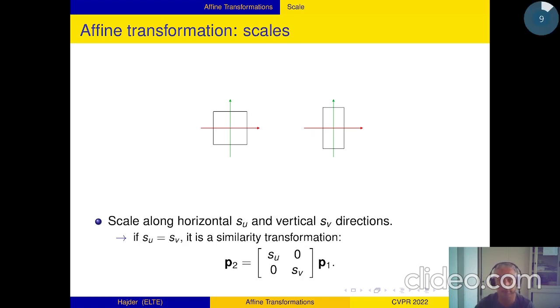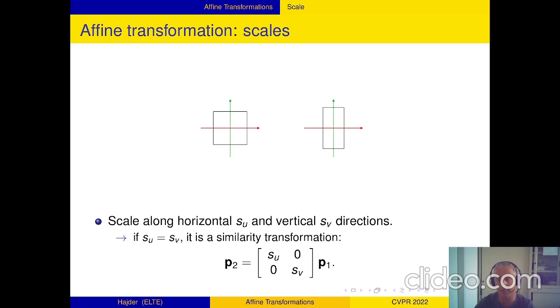The third type of affine transformation is the scale. There can be two scale parameters, one for the horizontal direction, SU, and another parameter SV along the vertical direction. These are real values.